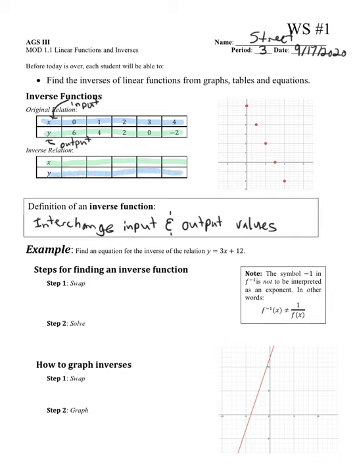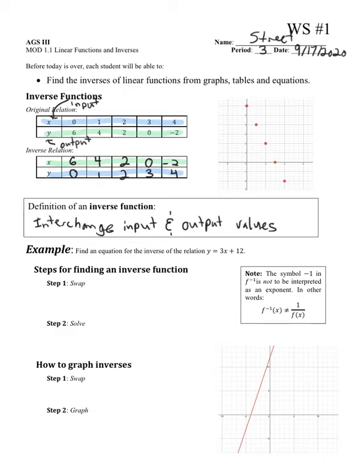So now my values are 6, 0; 4, 1; 2, 2; 0, 3; negative 2, 4. Whenever we're doing an inverse, we just want to switch the x and y values.